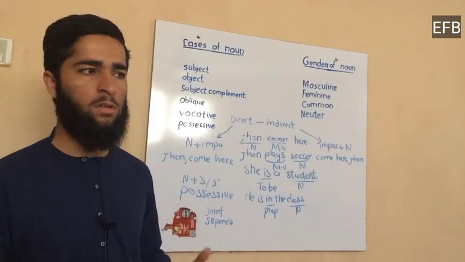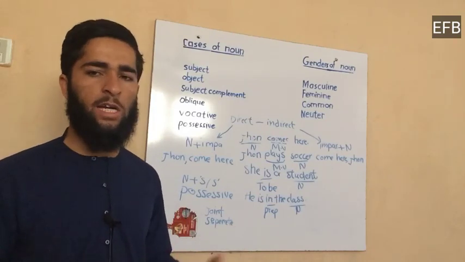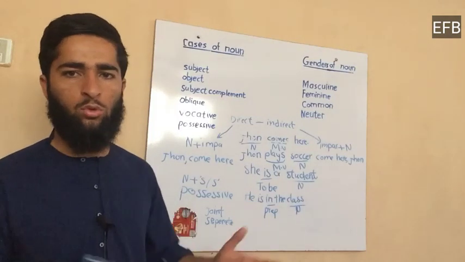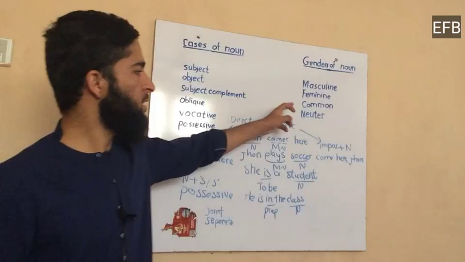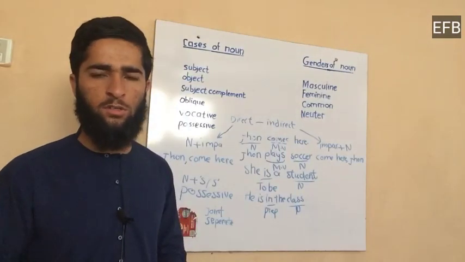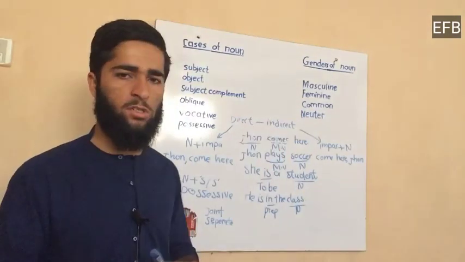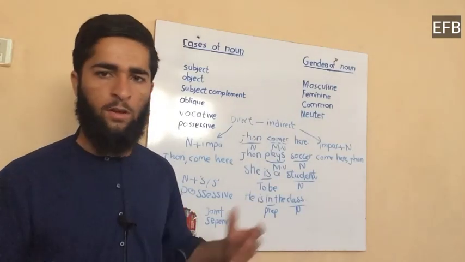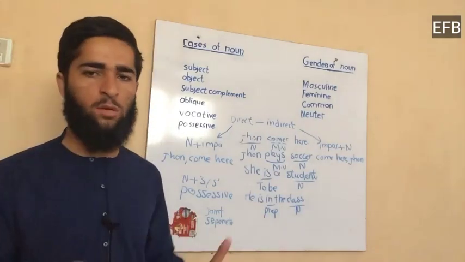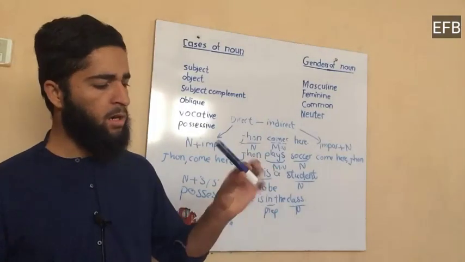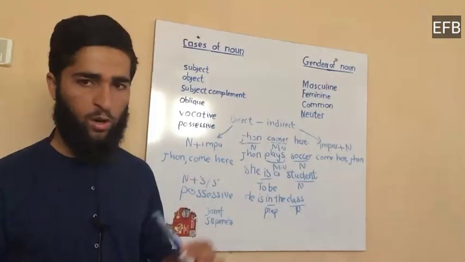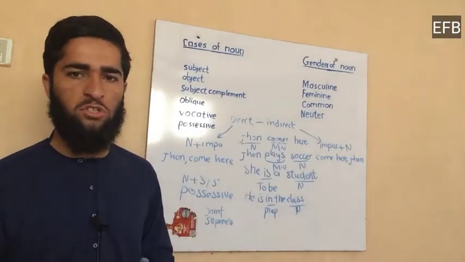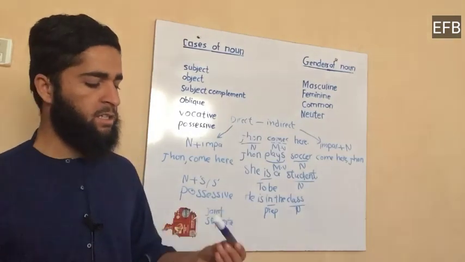For example, doctor, teacher. A teacher could be a man or woman. A doctor could be a man or woman. The last gender is neuter gender. Neuter gender belongs to neither male living beings nor female living beings, such as table, marker. A marker is not a man or a boy or a girl because it's a neuter gender and it's an object.